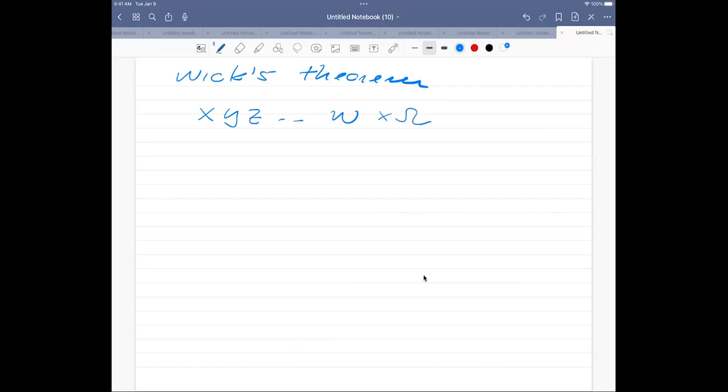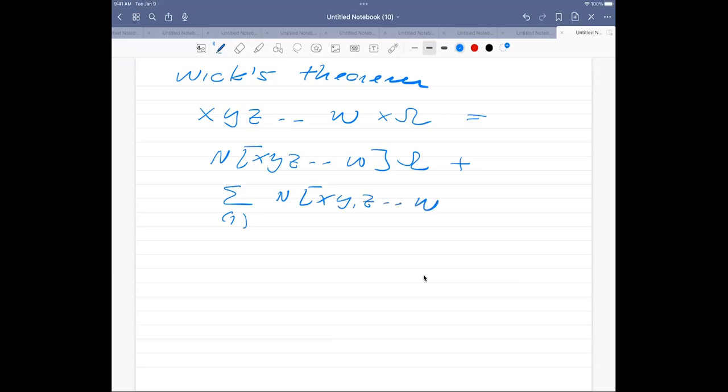And that means that if I insert that one into Wick's theorem and use the lemma first, we would have N of x, y, of z, of w, multiplied with omega, plus the sum over all contractions here. So I would have N of x, y, z, of omega. So I'm now multiplying, adding this. By the way, this should actually not be that. So I'm just bringing this back into Wick's theorem.